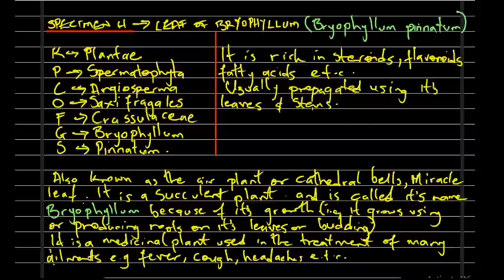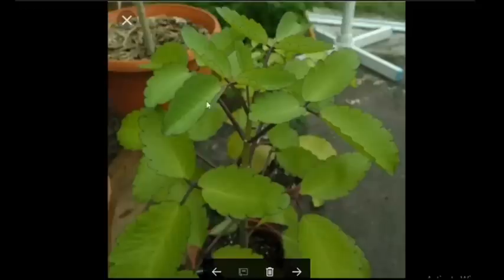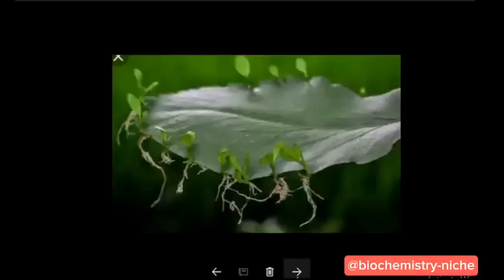So if you look at what we are talking about, this is an example of a Bryophyllum. We have a Bryophyllum here. This is what it looks like, the miracle leaf or the cathedral bell. We can see here that it is carrying out its own growth. This is a leaf, and then on the leaf at these edges you are seeing other leaves growing up.